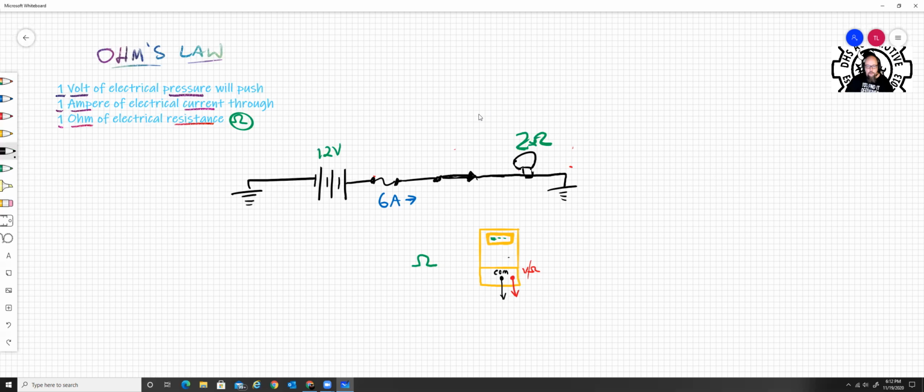Now this last one here has you read amps. Amps has A, so there's going to be a little socket that says A for amps, and generally on the meter it's going to be red, but I'm just using blue because I like to use blue for amperage.